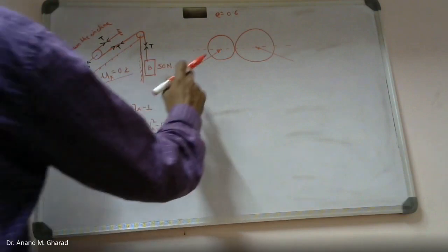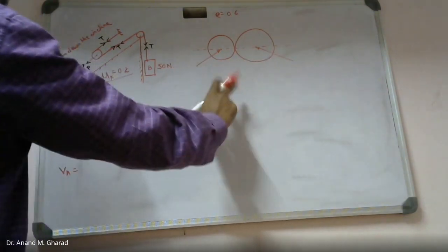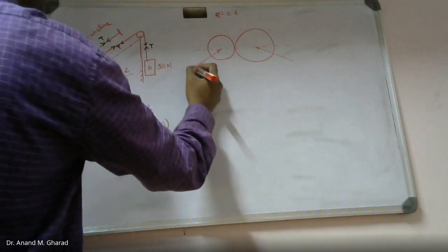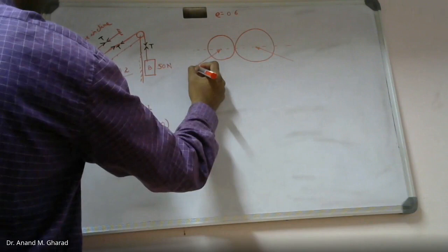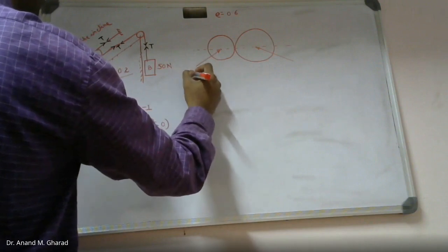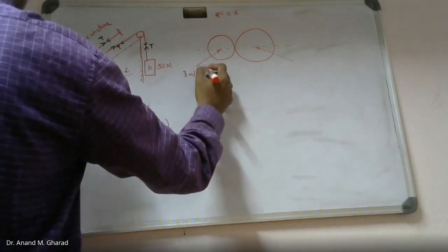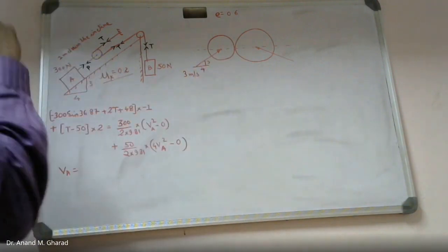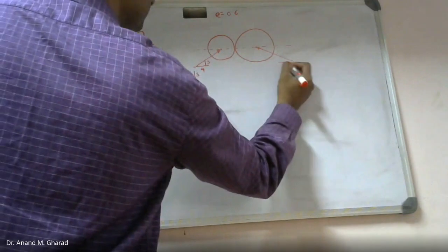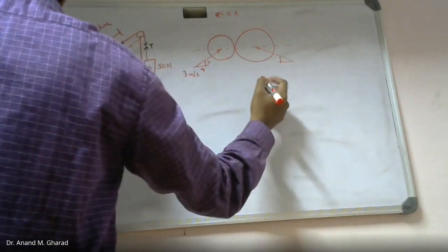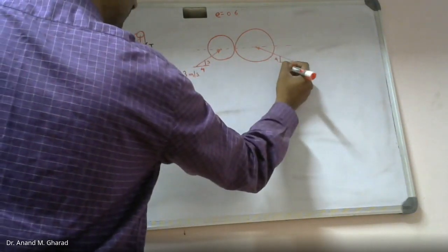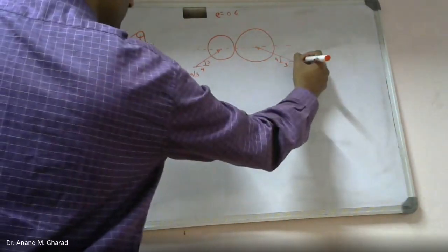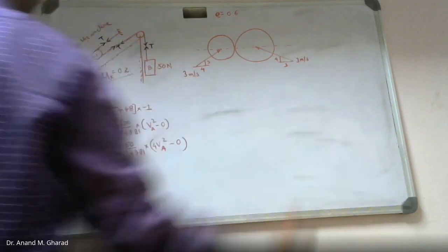Okay, you are supposed to identify the final velocity of these two discs after impact. So the initial velocities which are mentioned are 3 meter per second, and this oblique impact takes place at this angle value. Over here you will find this is 4 vertical, 3 horizontal. The velocity is given as 3 meter per second.